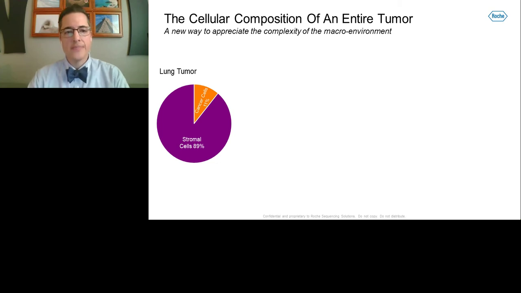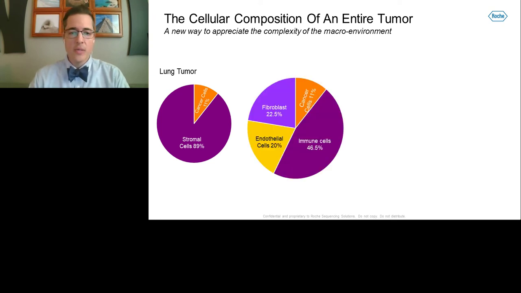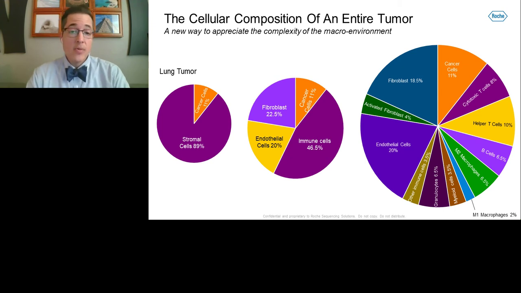What can we do with this? Well, we believe that this allows us to really analyze the complexity of solid tumors in a fundamentally new way. Really what we can do is look at any cell type across an entire solid tumor, and as you can see, any number of different cell types. We can very deeply interrogate the immune cells and the types of immune cells that have infiltrated that tumor over time.